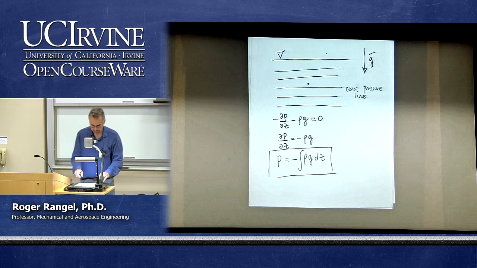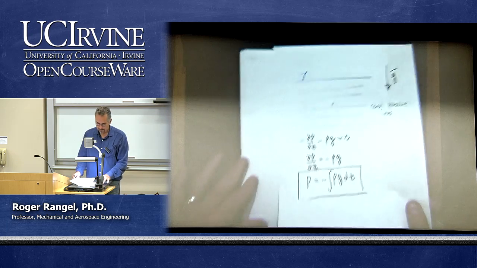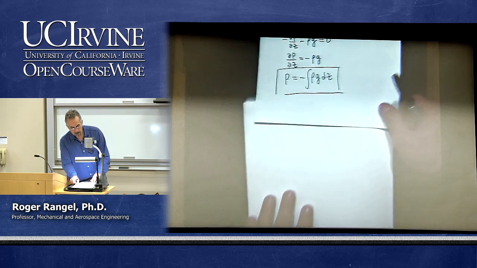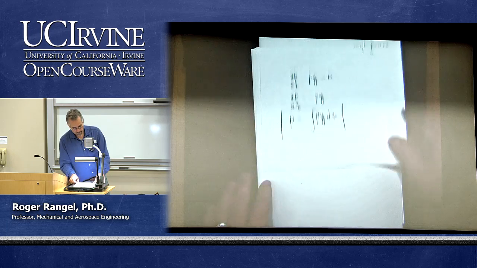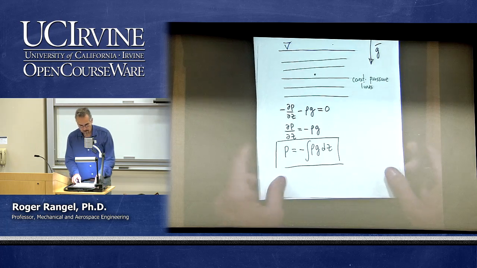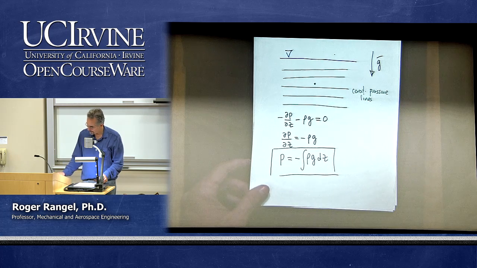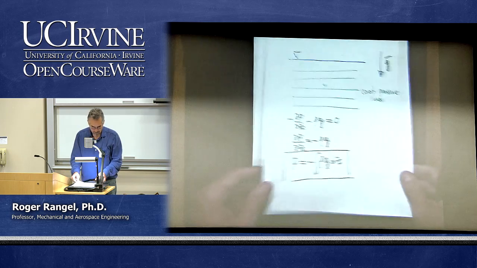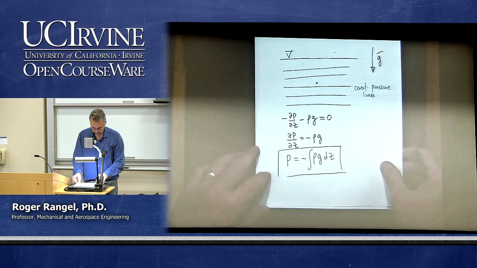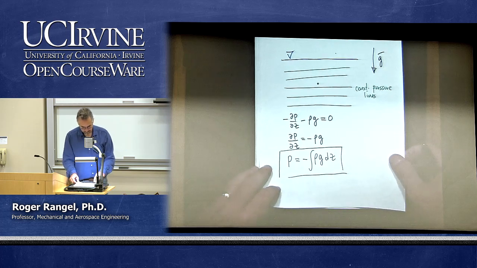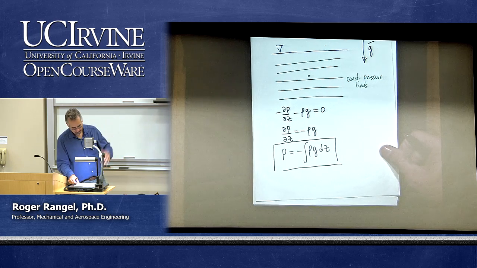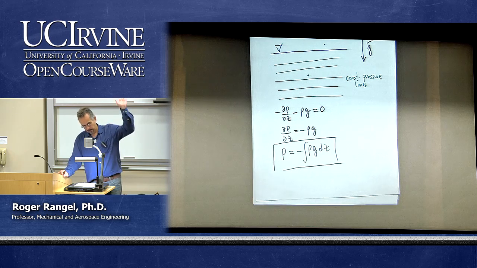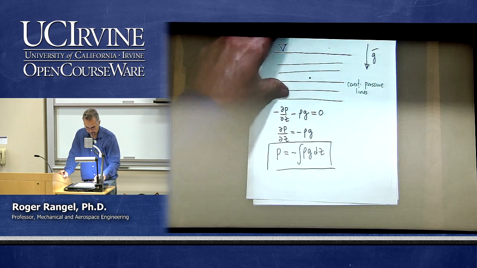Now, how can we solve this integral? It depends on additional assumptions that we make. For most of our problems, in fact, probably all of our problems, we can take gravity to be a constant. The only time you would not take gravity to be a constant would be if you were solving a problem involving a very large scale, of the order of Earth size, say, trying to make a calculation from the surface to the upper atmosphere.